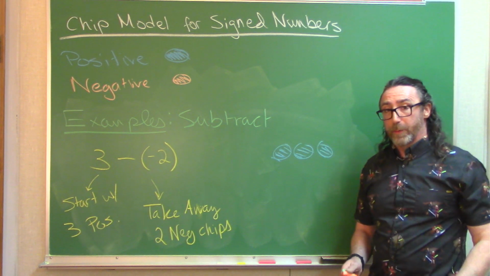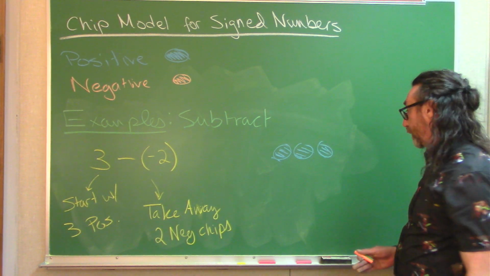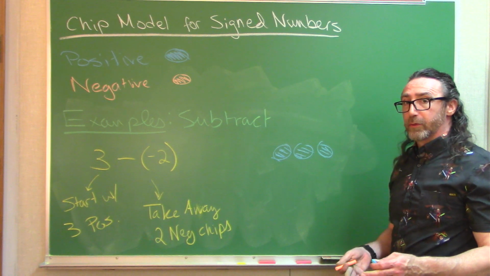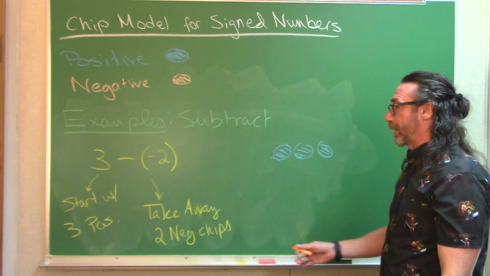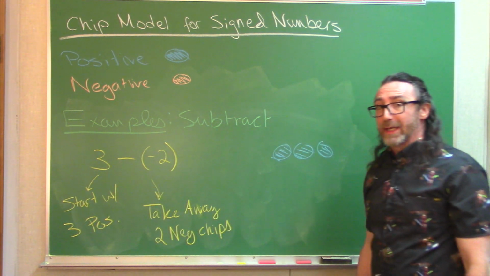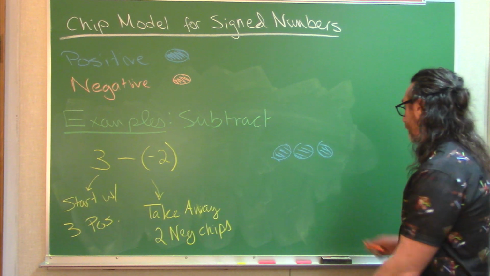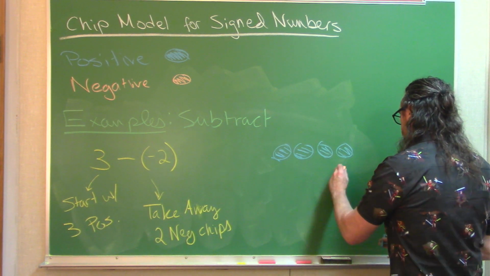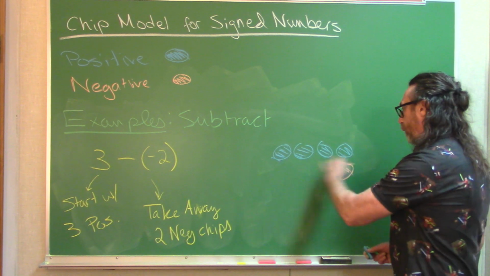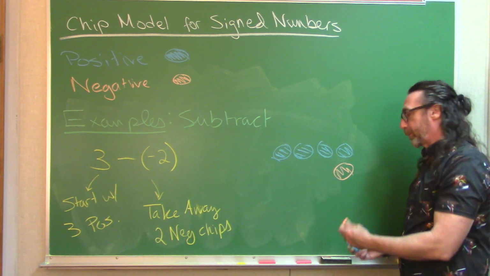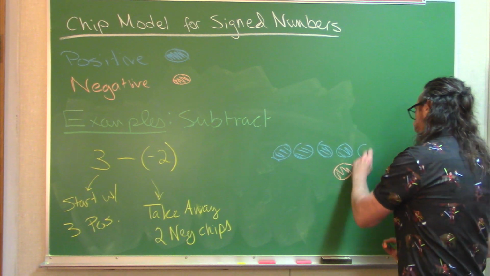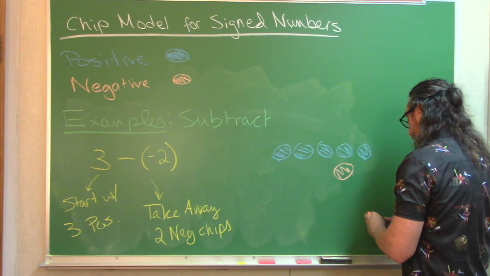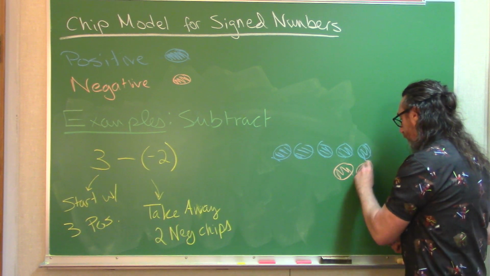Now, if you go back and look at the beginning of this video, you'll see that we had different ways to represent an integer like 3. We could represent it with this, or we could represent it with this. This is 4 positives, 1 negative. That's another representation of 3. Or the 5 positives and 2 negatives.